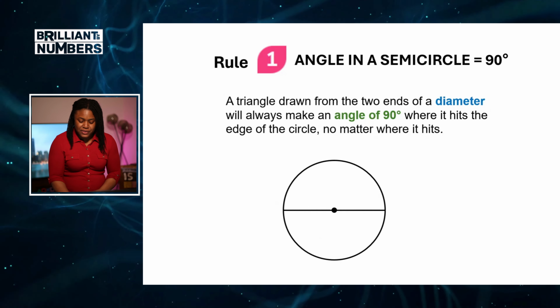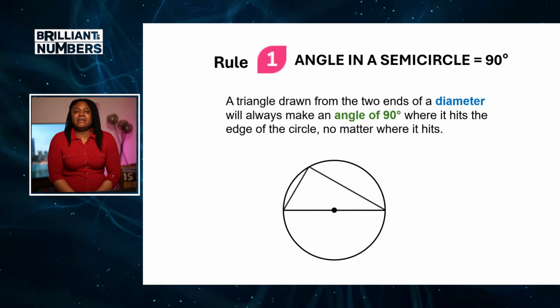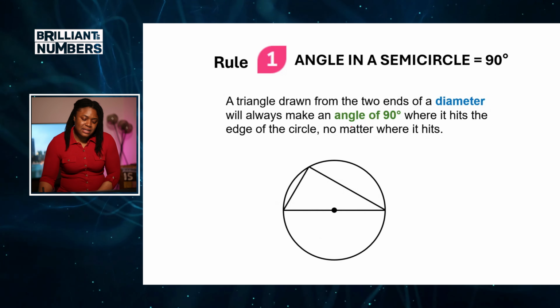You're not sure. Do not make that assumption. So it has to pass through the center for it to be a diameter. Now I'm going to construct a triangle from both ends of the diameter. Here we have it. Now when this happens, the angle here will always be 90 degrees.